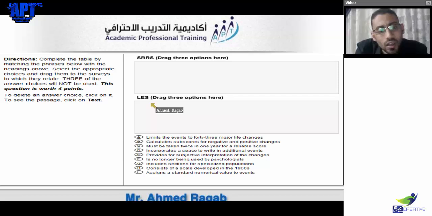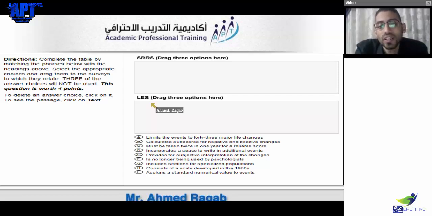G. Includes sections for specialized populations. They didn't mention anything about that. Both. Okay, so consists of skills developed in the 1960s. Oh, yes, that's for the SRRS.